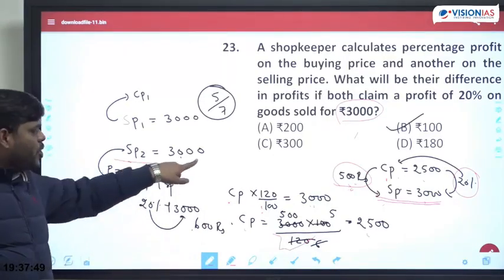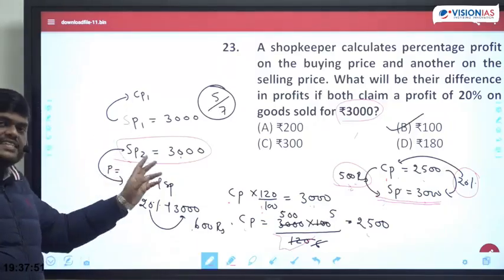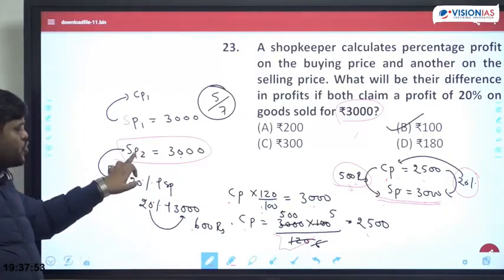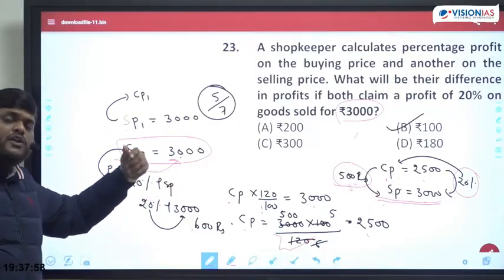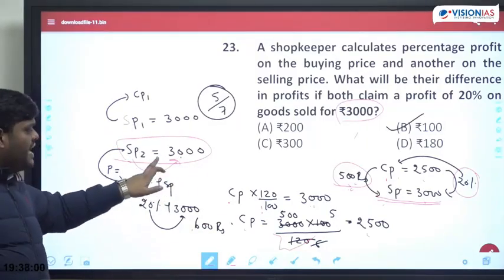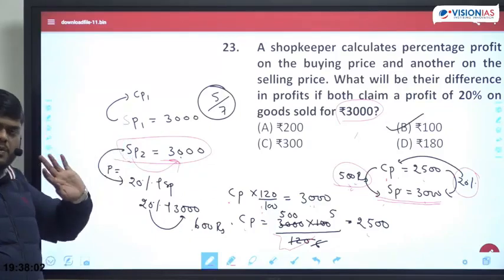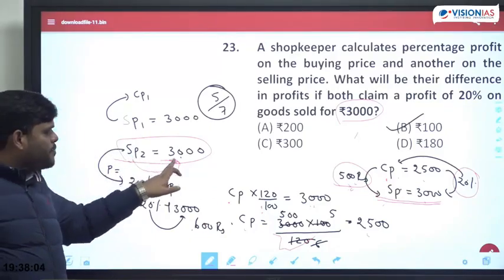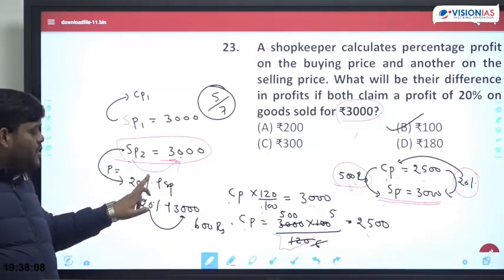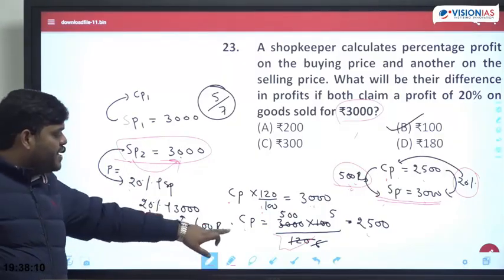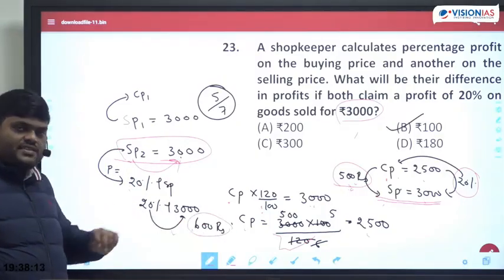In the second case, the shopkeeper is calculating the profit on SP. So no need to calculate the CP here because he is calculating the profit by mistake or by anyhow. He is calculating the profit on SP. So simply SP is given. What is 20% of SP? 20% of SP is 600 rupees.